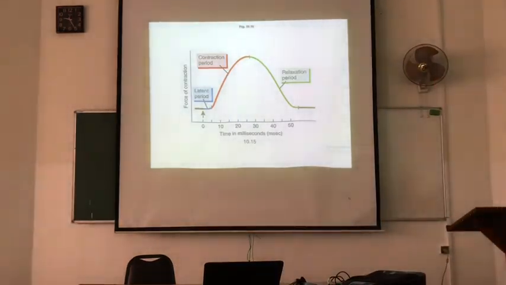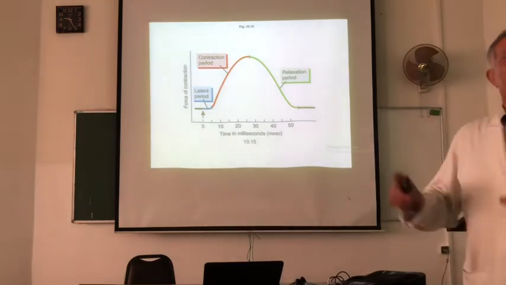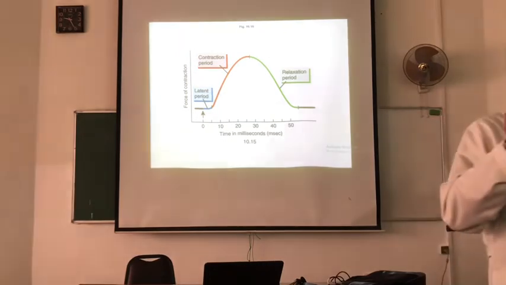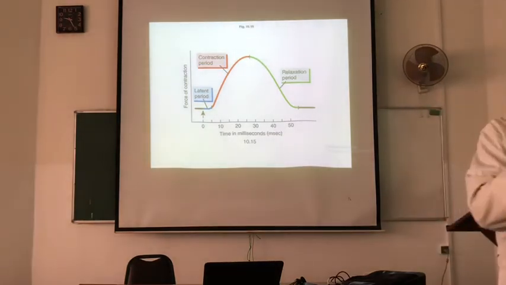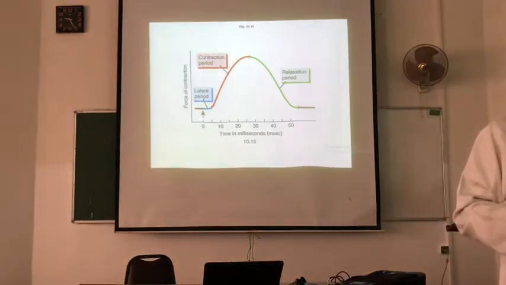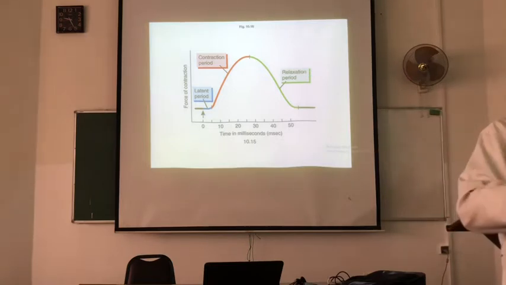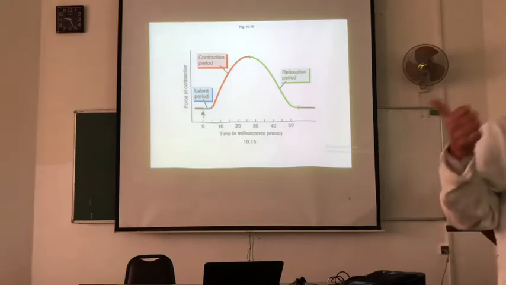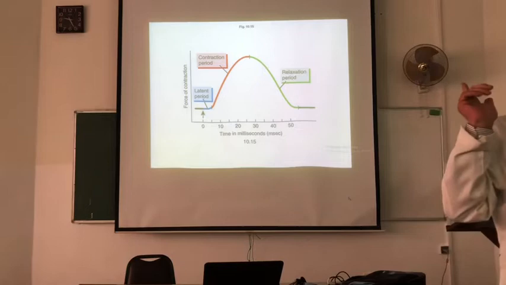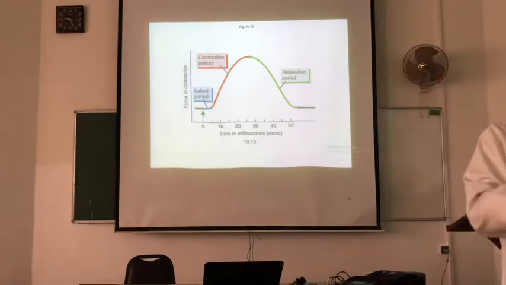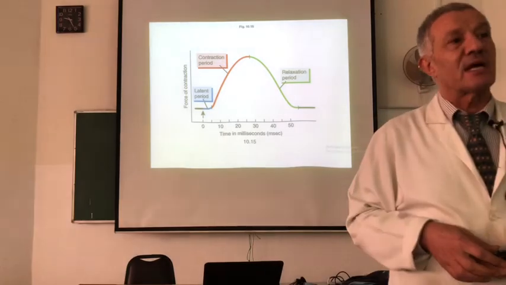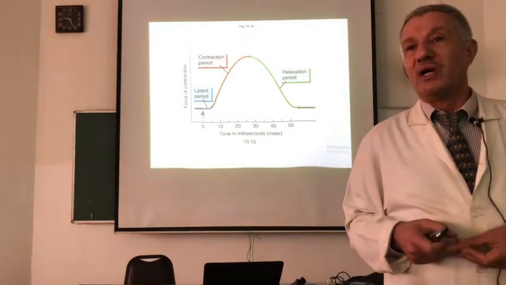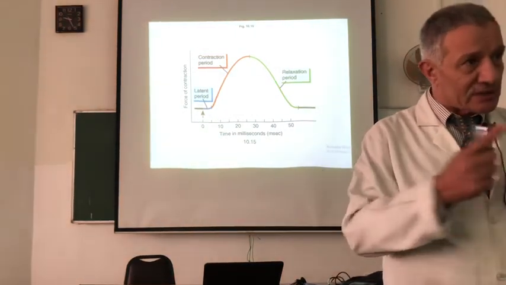Now, in the lab, we are talking about contraction with shortening. We said we have isometric contraction, but this type of contraction with shortening is not isometric anymore. It is called isotonic contraction.